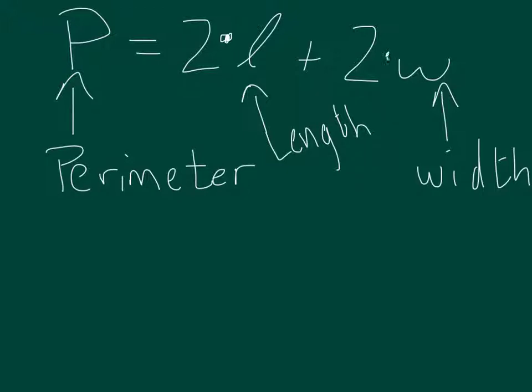Again, the operation in between the 2 and the W is multiplication. This is a formula. This will work for any and all rectangles. So 2L plus 2W is going to give you the perimeter of all rectangles.